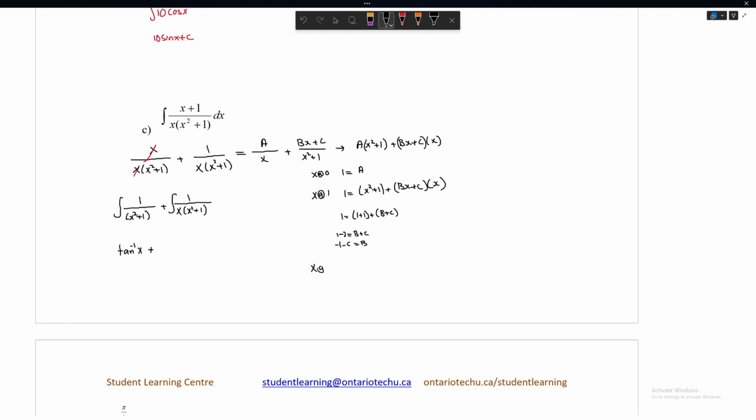And so x at, let's say 2, will be 1 equals 5 plus b times 2 plus c times 2. Okay, and so my 5 comes to the other side, I get -4 equals, multiply this in, I will get 4b plus 2c. Right?